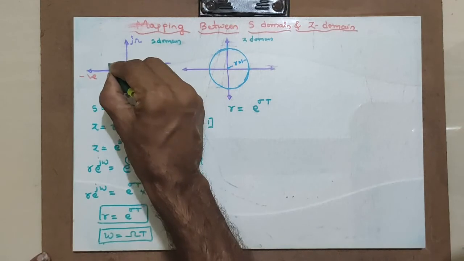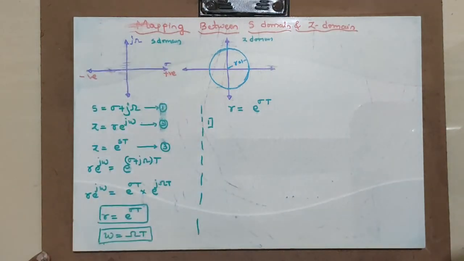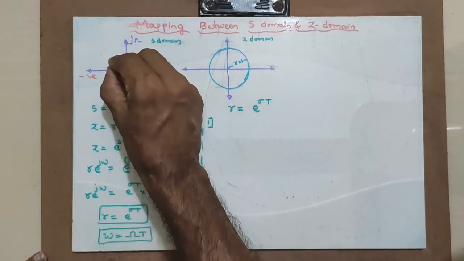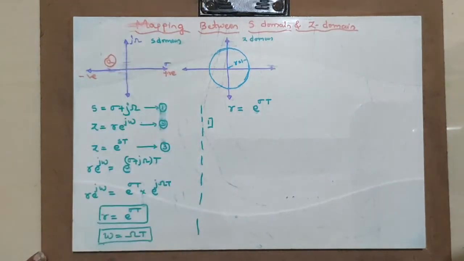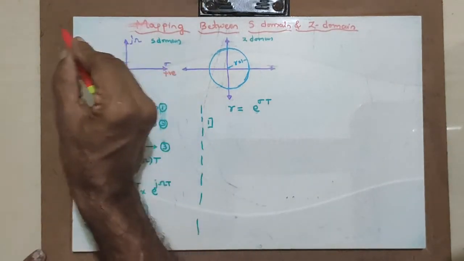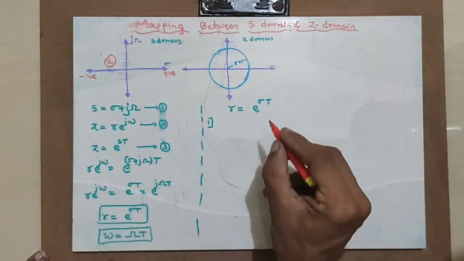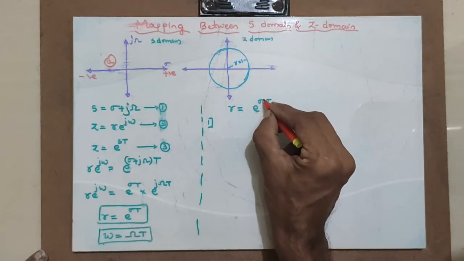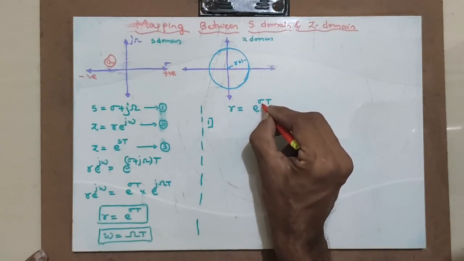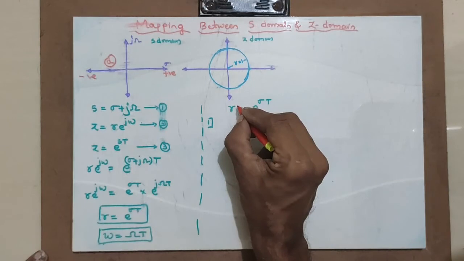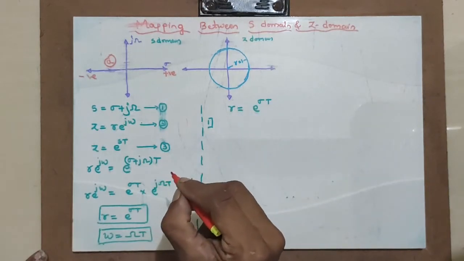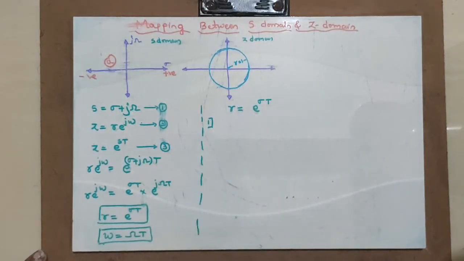Negative means somewhere here, right? I shall consider a point A which is on the left half plane. When sigma is negative, e raised to minus sigma T, hence r becomes smaller than 1, isn't it? r becomes smaller than 1.